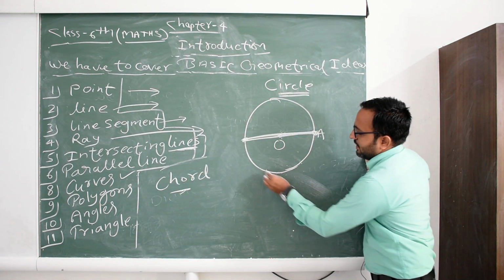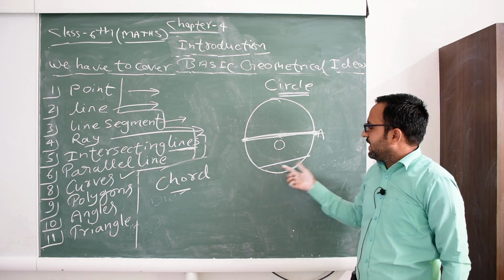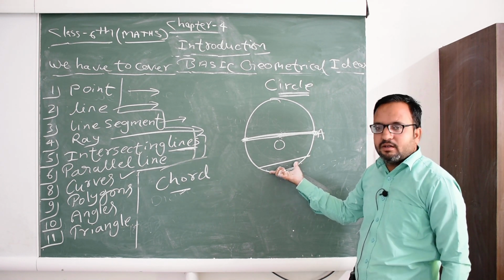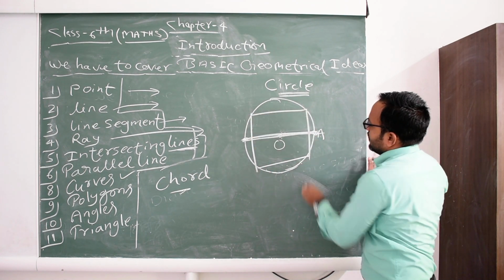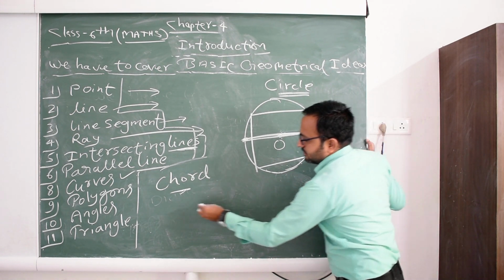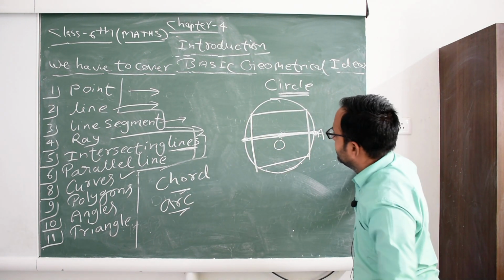Now chord. What is chord? If we connect two endpoints of two points of the circle, it is called chord. So this is a chord. Okay, now arc. What is arc?